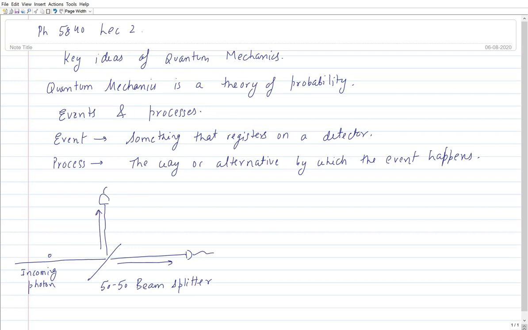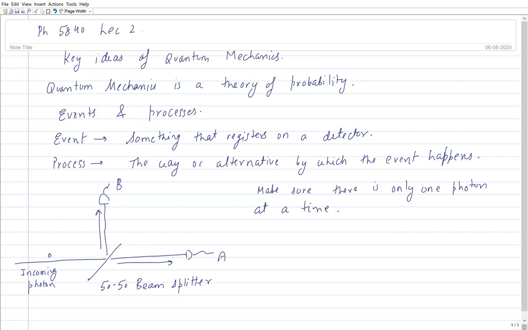And I have got these two detectors, B and A, and I make sure that in this experiment there is only one photon at a time.